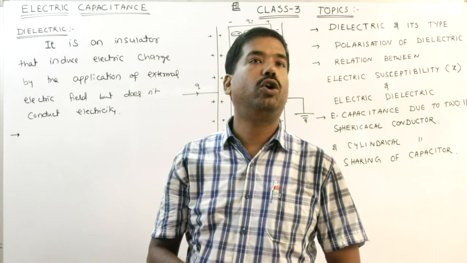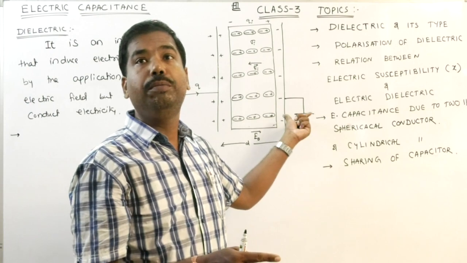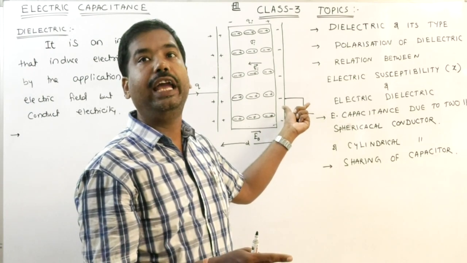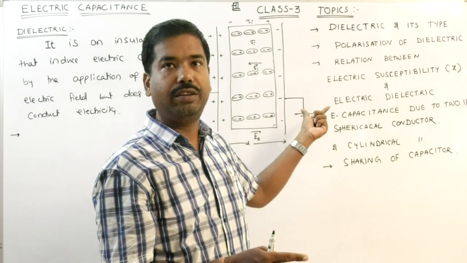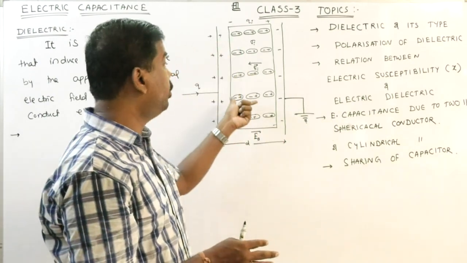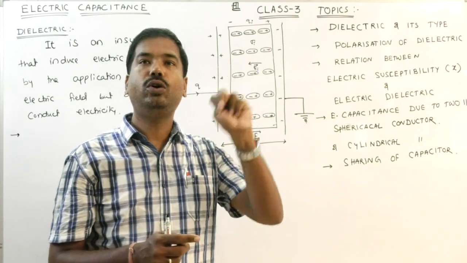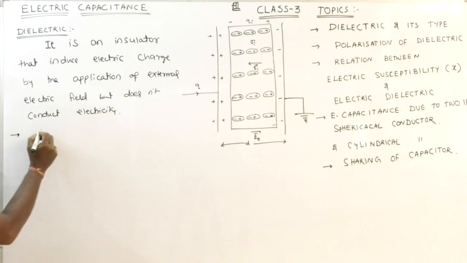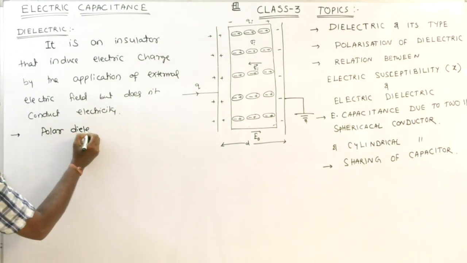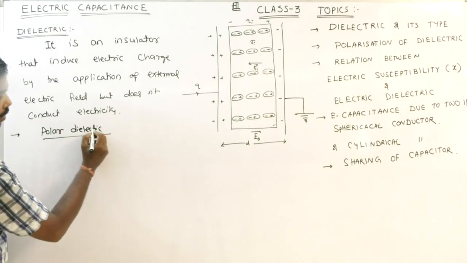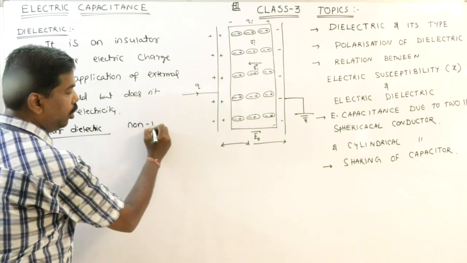Such a phenomenon is called polarization. The displacement of charge by the application of electric field across a dielectric slab is called polarization of a dielectric. Clear? So according to this polarization, all dielectrics are classified into two types. One is called polar dielectric and the second one is called non-polar dielectric.